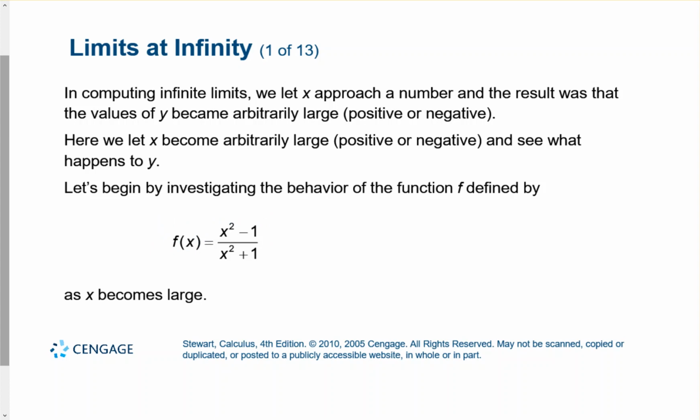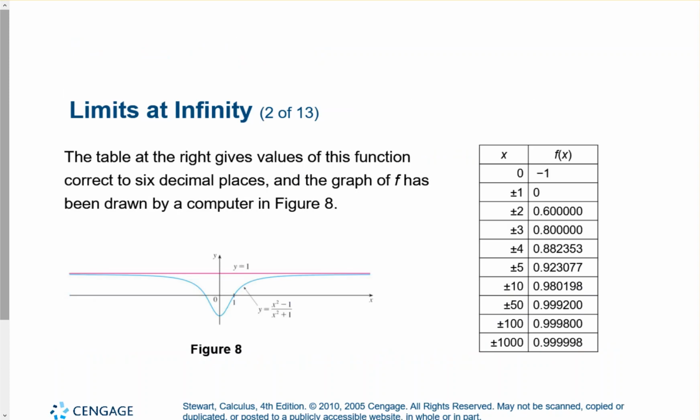We could always say that as x becomes large in the positive direction or in the negative direction, what happens to the function? If we look at a table and a graph, this is what happens as x becomes really large. When it's 0, we get negative 1.